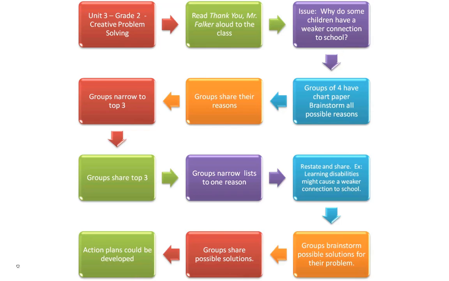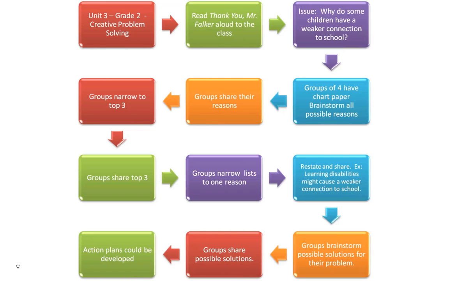Small groups then had chart paper and brainstormed all the possible reasons that somebody might not like coming to school. And then the groups would share their reasons, and then they narrowed these reasons down to the top 3. The groups narrowed things finally down to one reason and restated their problem and their issue.